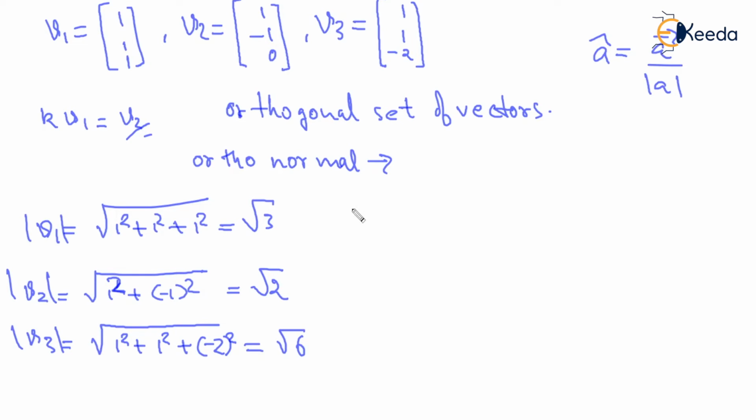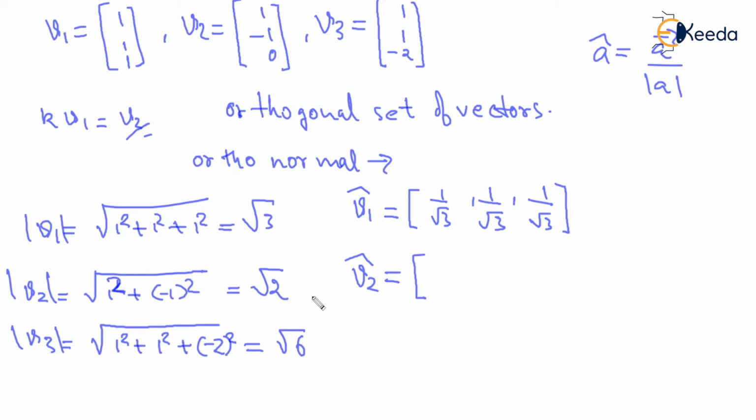How can we normalize the vectors? We have learned in vectors that A cap is A vector divided by the magnitude of A, and these are the magnitudes of the vectors, which are root 3, root 2 and root 6. So we divide all the elements of V1 by root 3: the unit vector is (1/root 3, 1/root 3, 1/root 3). Similarly, the V2 unit vector is (1/root 2, -1/root 2, 0).